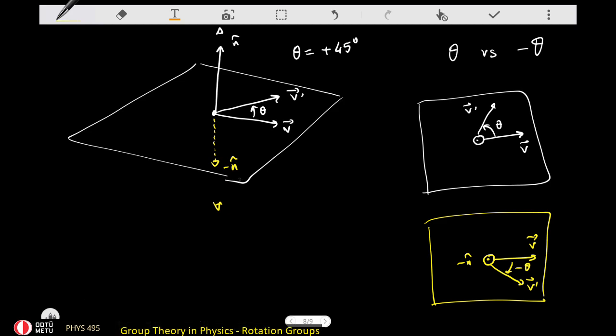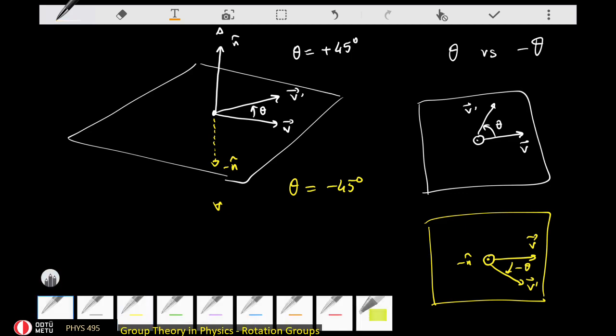But if I'm using this convention in here, in which case my thumb of the right hand is pointing in the opposite direction, it's basically this picture in here, in which case I should describe theta as minus 45 degrees. Okay, just choose which one to use. As long as you're consistently using the right-hand rule, everything would be okay.